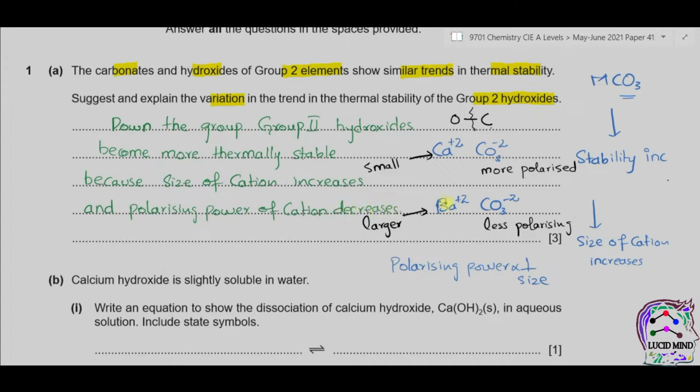So larger cations cause less polarizing of the anion. And in this case, the anion is hydroxide, so we can say hydroxide ions.